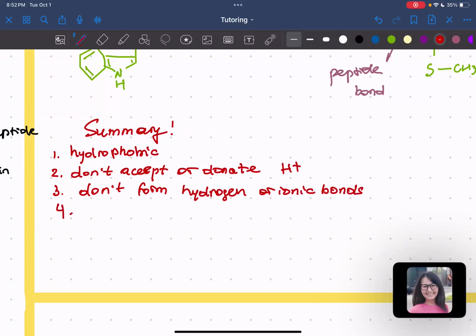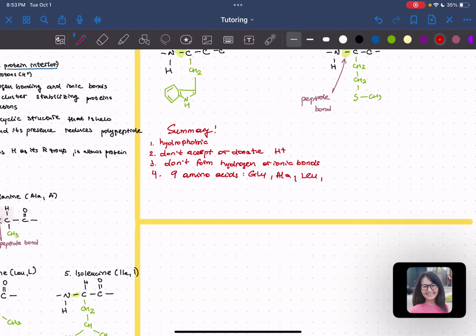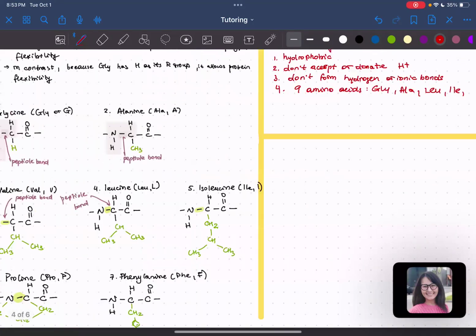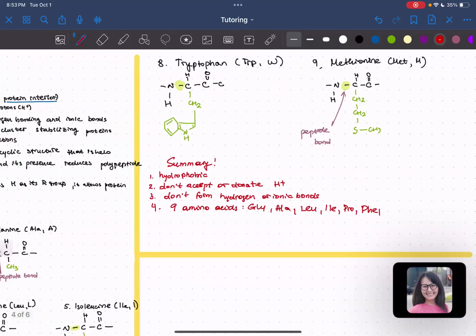Four, there are only 9 amino acids, and they are glycine, alanine, leucine, isoleucine, proline, phenylalanine, tryptophan, and methionine.